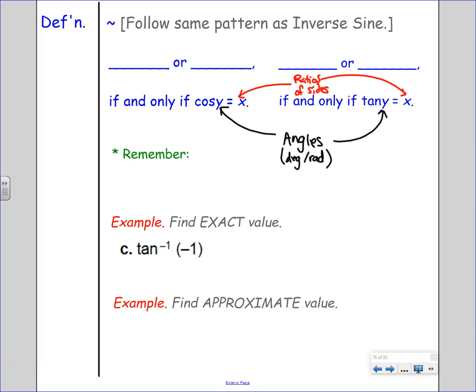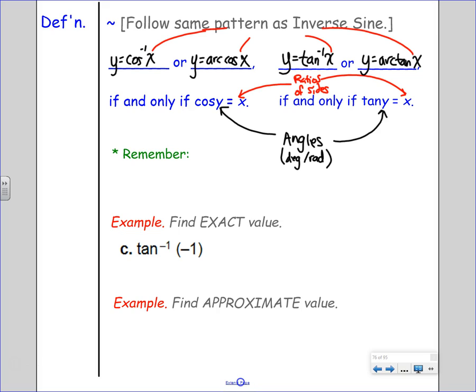Inverse trig, inverse cosine, which can be written just like sine, can be written with a -1, or it can be written arc cosine. Or inverse tangent, which can be written tangent -1, tangent inverse, or arc tangent. When you go to inverse, what goes in will be ratios of sides.